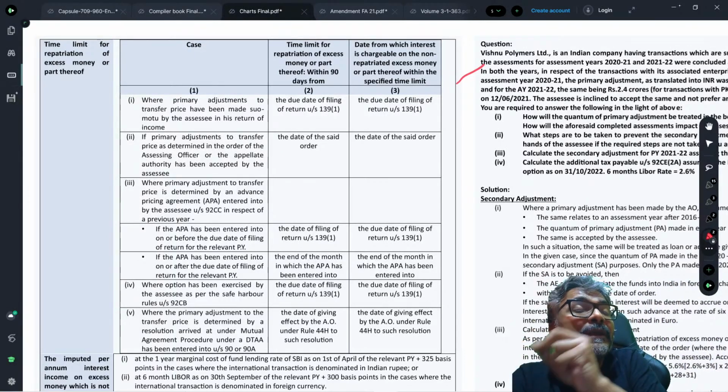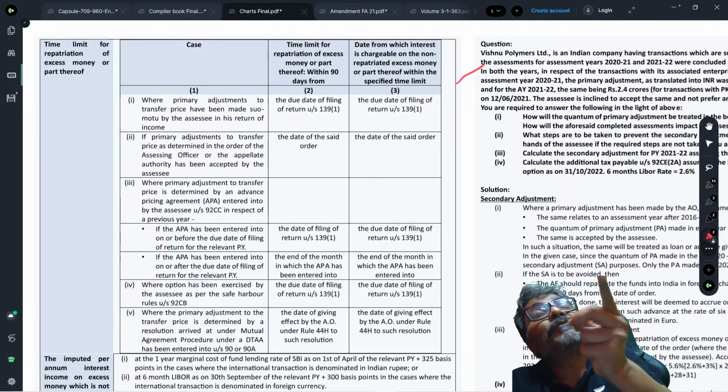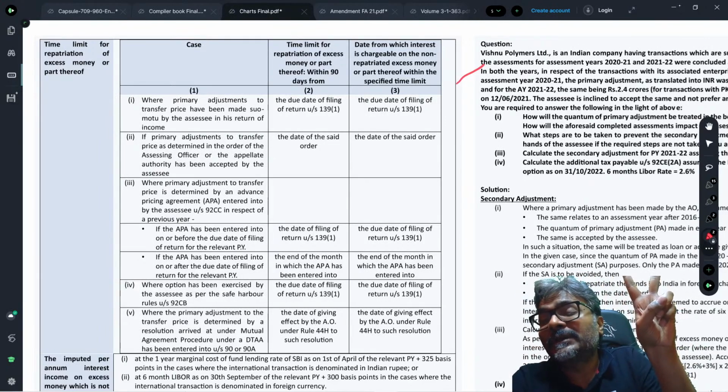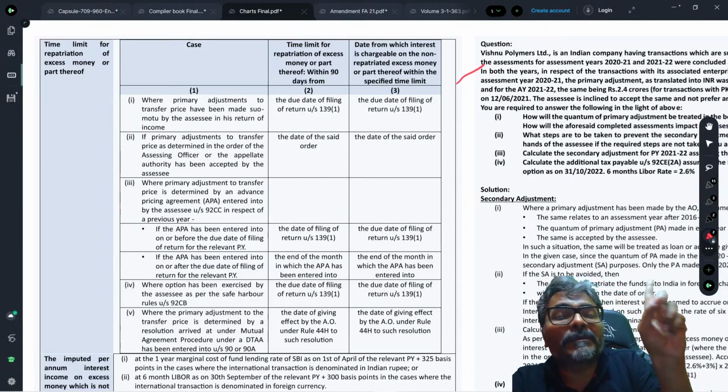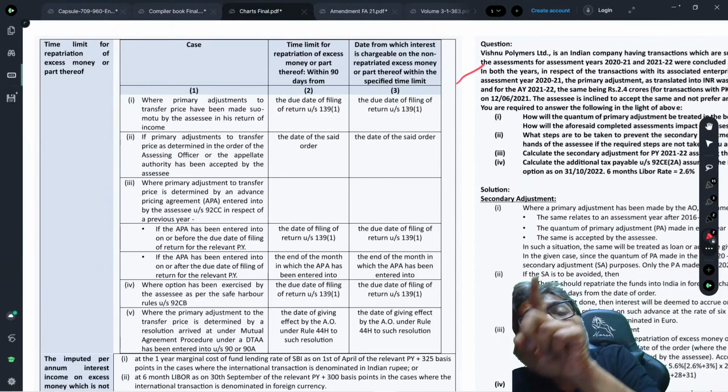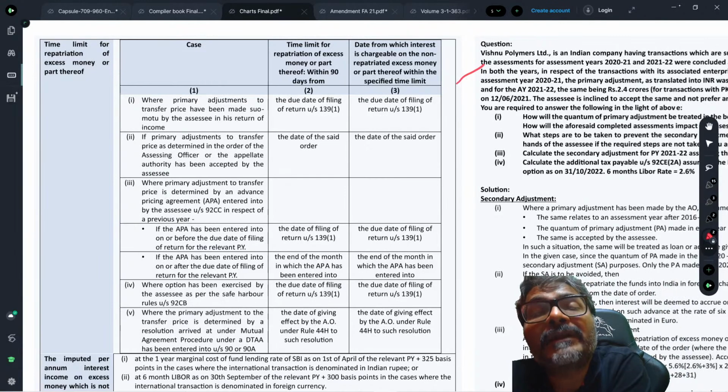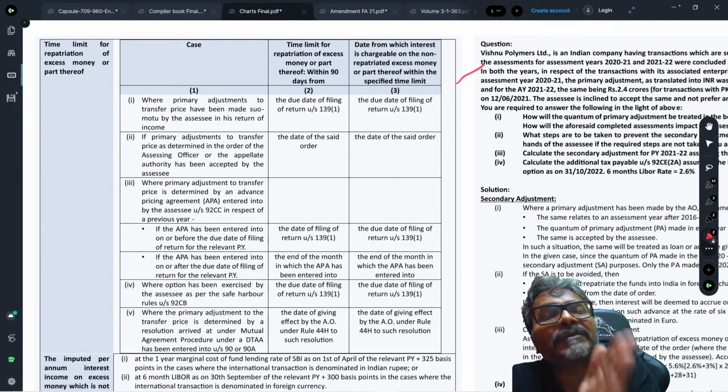On this computed interest rate you are going to compute the interest liability. Now the interest liability will be computed from which date? Two options. Option number 1, after the expiry of 90 days from the relevant date, the interest liability would be computed.